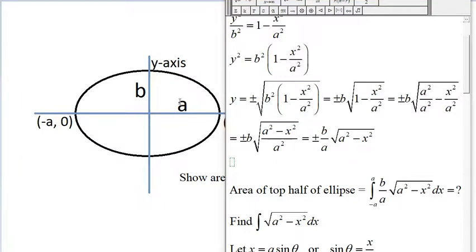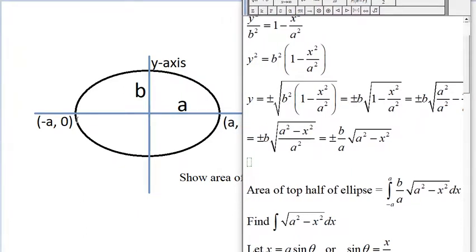Therefore the area of the top half of the ellipse would be the integral from negative a to a. The equation for the top half of the ellipse is y equal to positive b over a times the square root of a squared minus x squared.